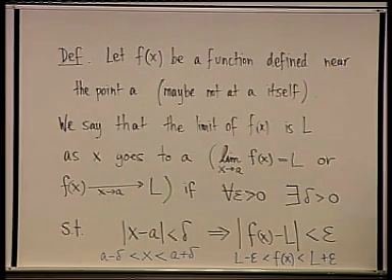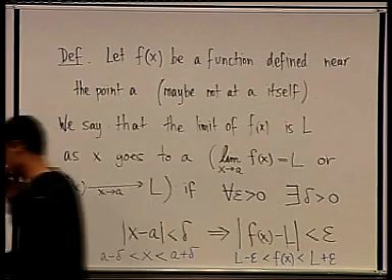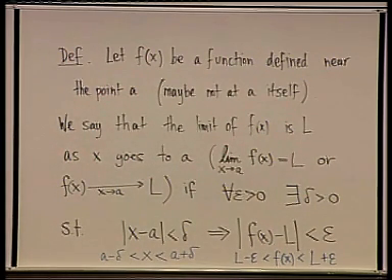So let's go back to the drawing and see what just happened here. And you have to, of course, keep looking at the definition as we discuss it on the drawing. So, remember, our naive attempt at defining this notion was to say, for x's close to A, f of x's are close to L. Please look at this board.